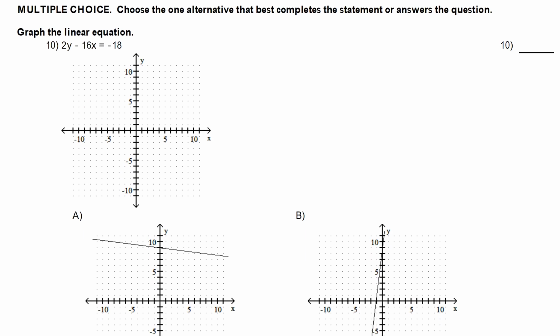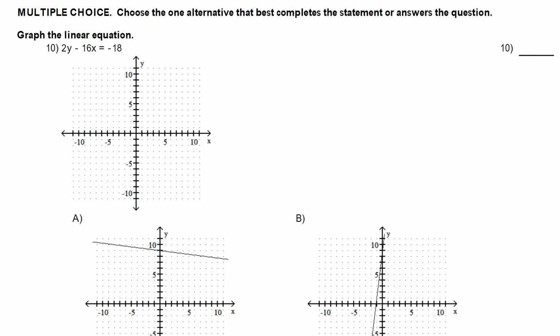Okay, now this is something for sure we're going to have as we look at it, and we want to graph it. Now, in this case, we have graphs to choose from, but if we were going to do this ourselves and then get an idea how to solve it, I would solve for y.